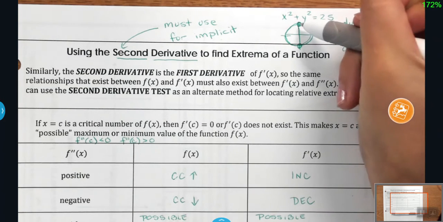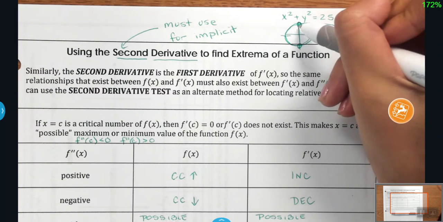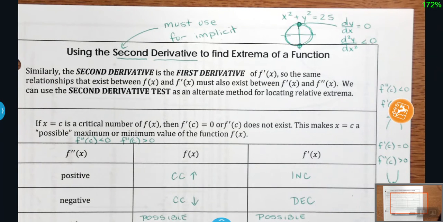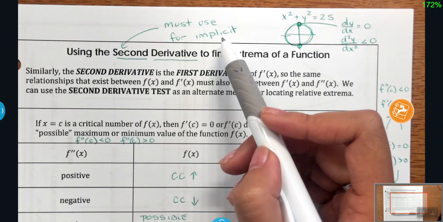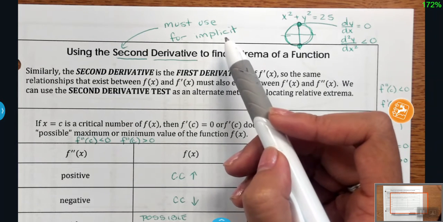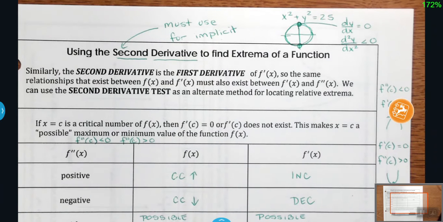So then you say, oh, at that point, my first derivative equals 0, but my second derivative is negative, so I know that at that point it's a relative maximum. Does that make sense why you have to do the second derivative test for implicit functions? Okay, no number lines for second derivative tests because you can't do a number line for any implicit functions.